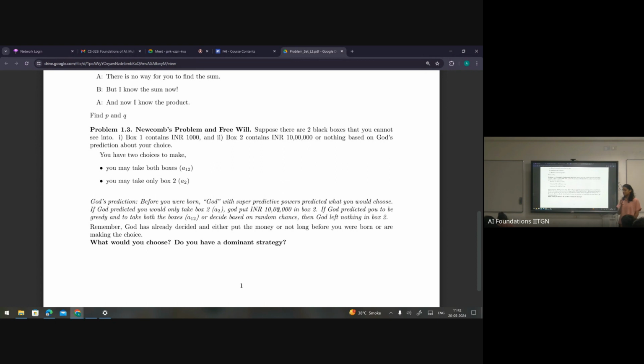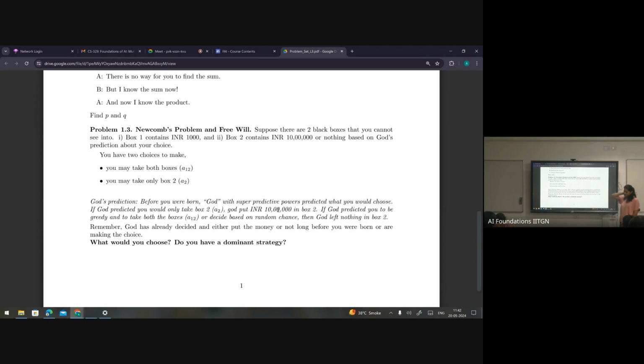That's the utility that you will get. Had you taken only box 2, then you would get strictly less utility. Because if you are greedy and you wanted to take both, but if you only take 2, then you would be left with nothing.